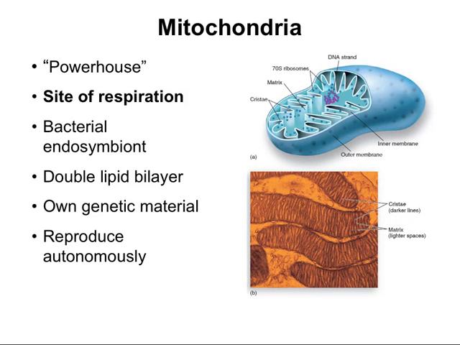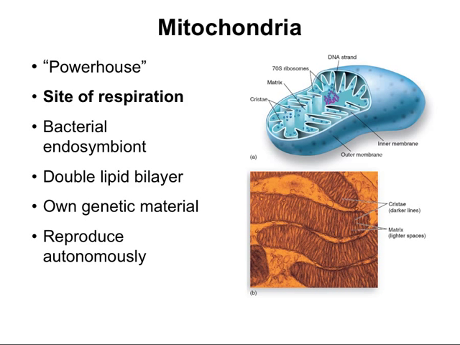So we've covered the nucleus, and we've covered the endomembrane system, consisting of the endoplasmic reticulum and the Golgi apparatus. Now let's look at the double membrane-bound organelles. You'll recall there are two, the mitochondria as well as the chloroplasts. Now the mitochondria are the powerhouse of the cell.